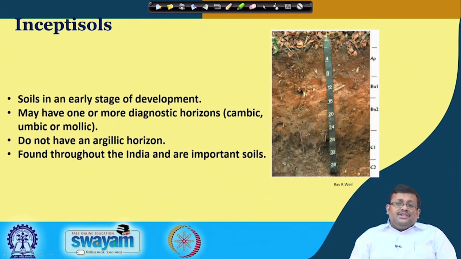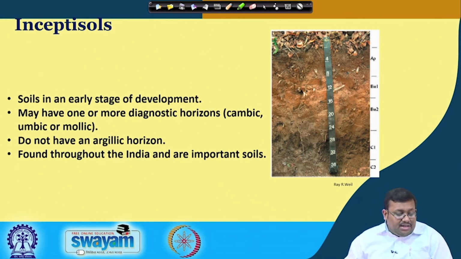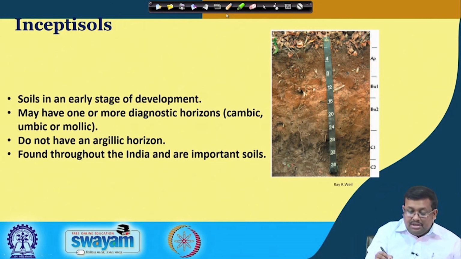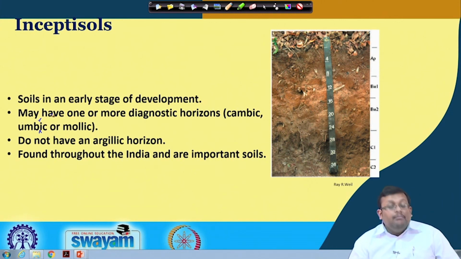The relatively more mature soil is called Inceptisols, because these soils are in the early stage of development, and they may have one or more diagnostic horizons like cambic, umbric, or mollic.